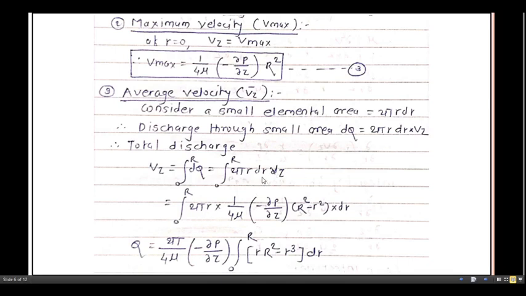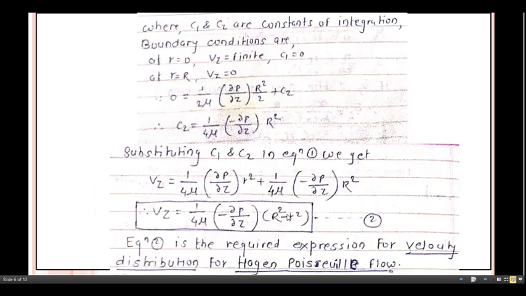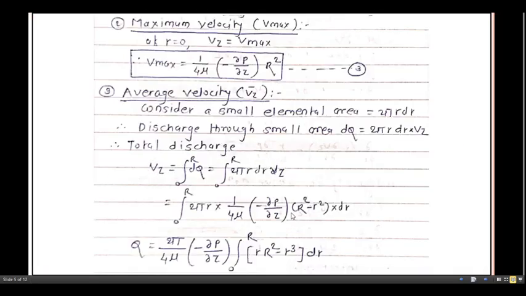Now simplify this one. The value for vz is already with us, just substitute here, and write 2 pi r and dr as they are. Just pick up this vz term and substitute, and after that simplify. This term becomes a constant, and apart from this, 2 pi divided by 4 pi, you should write here because it is a constant term.